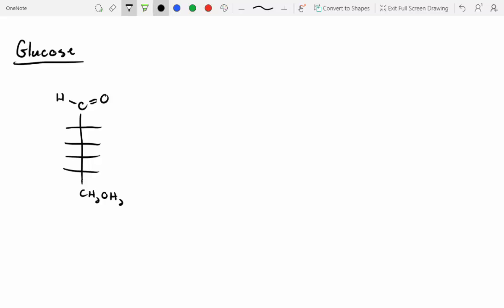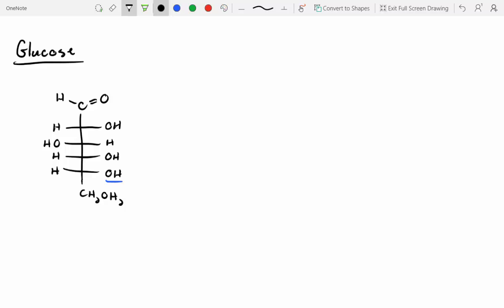So we've got an aldehyde on the top, which means that glucose is an aldose. We've got hydroxide, hydrogen, hydroxide, hydroxide. Just like we said, D sugars always have that bottom hydroxide pointed to the right. And then we can fill in the rest here.